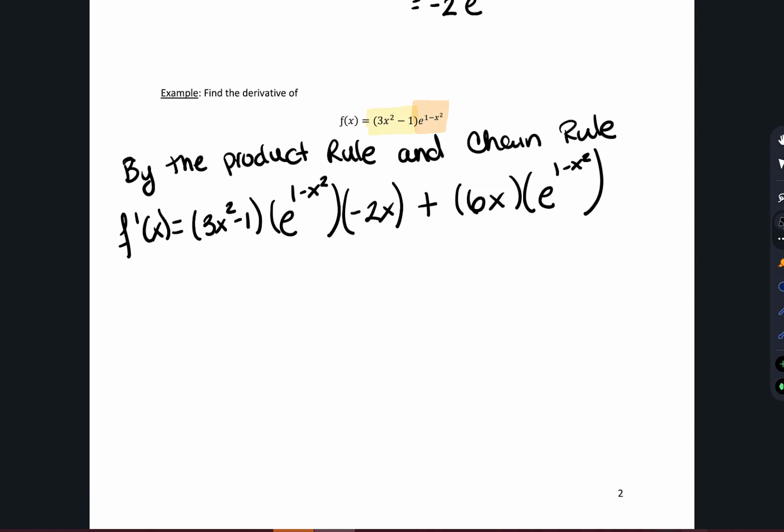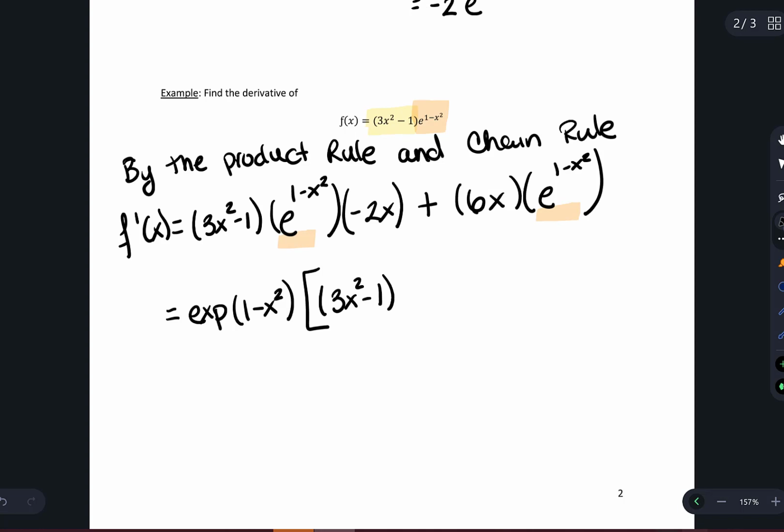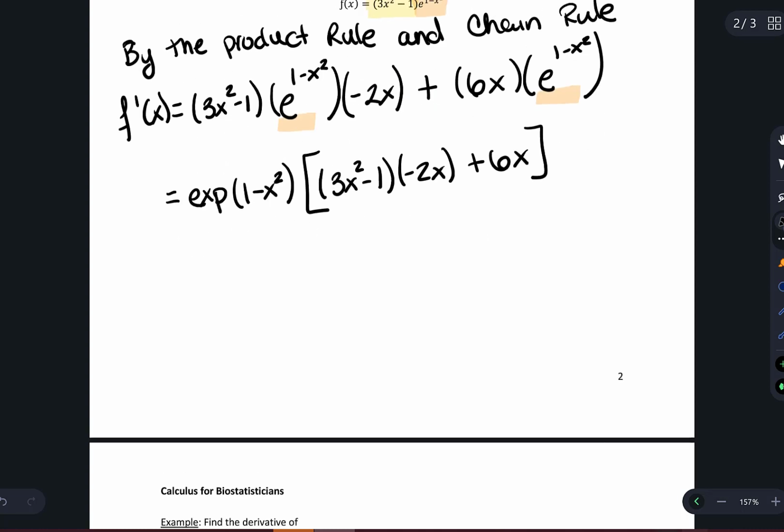So as usual, we want to simplify this. Notice that both of the terms here involve an e to the 1 minus x squared. So I'm going to pull that out, and I'm actually going to write it using that other notation, the exp of 1 minus x squared. And that is going to be multiplied by 3x squared minus 1 times negative 2x plus 6x. And then I'm going to simplify the inside of those brackets.